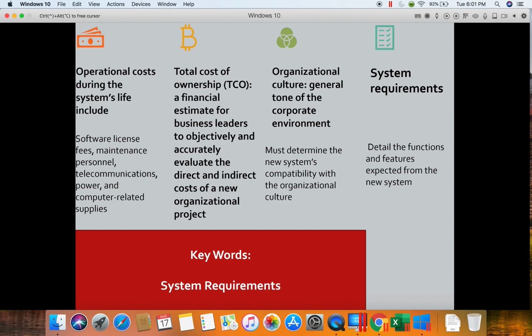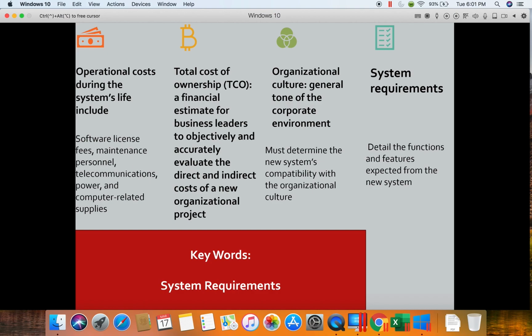The last part of our systems analysis phase is developing the list of system requirements. These are the functions that the system is expected to fulfill and the features through which it will perform its tasks.